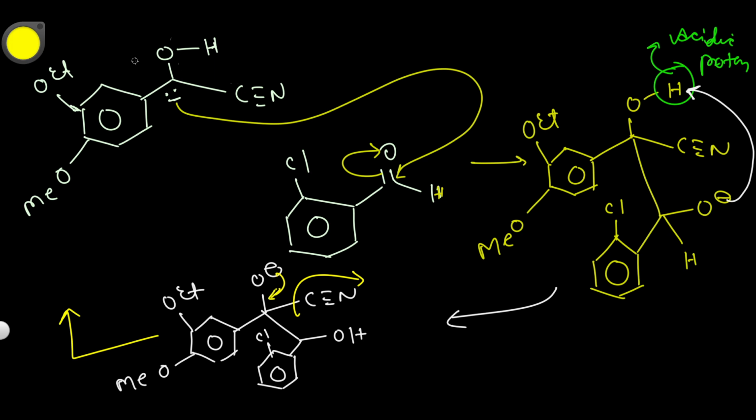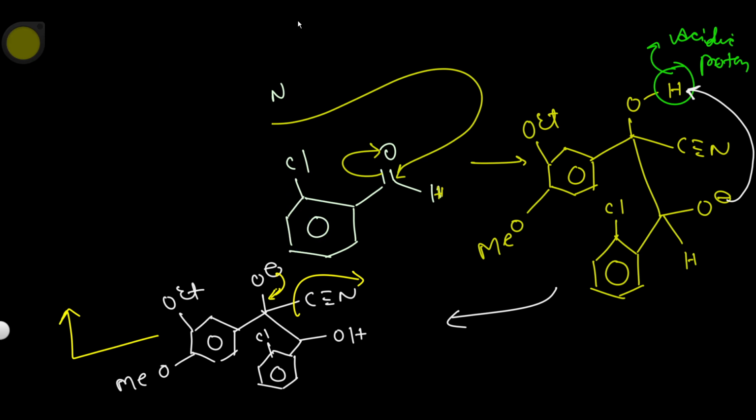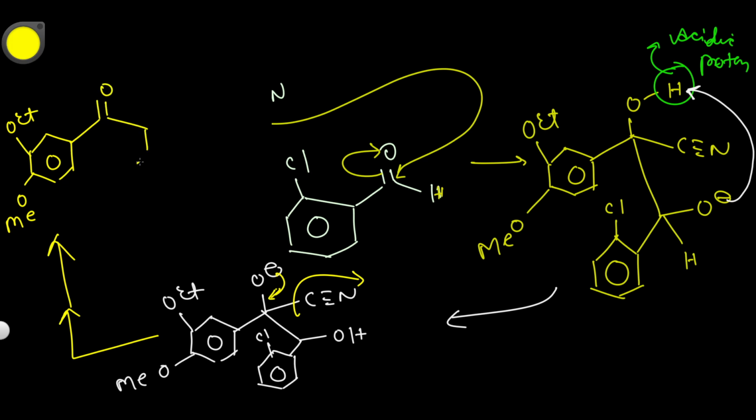Let me erase this part, because things are going to get messy. Right, and you will get the product something like this. Here is an OAT, here is an OMe, and here we have double bond O, and this is the OH, and this is the fluorine.